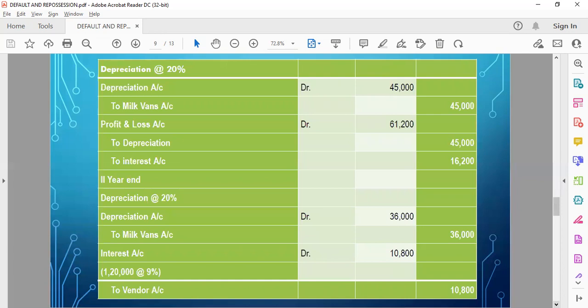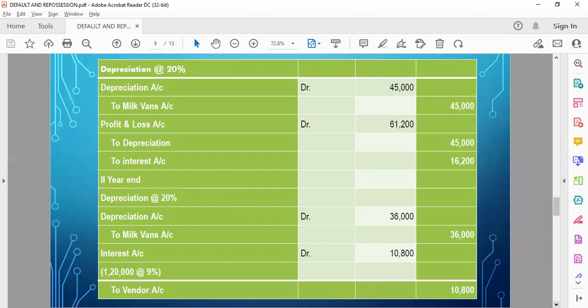Then depreciation at the rate of 20%. We should calculate the depreciation for that machinery, right? For that depreciation, we should write the journal entry. What is the journal entry? Depreciation account to milk vans, right?